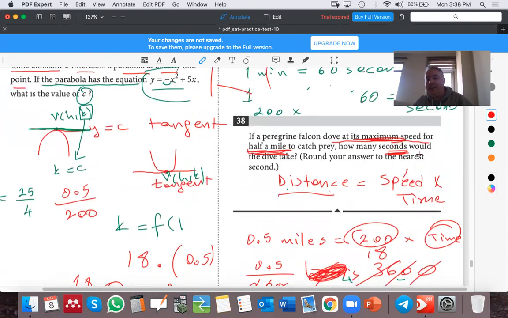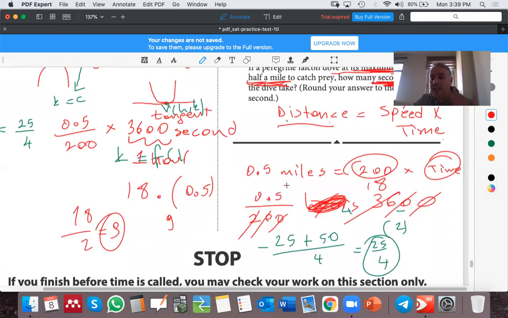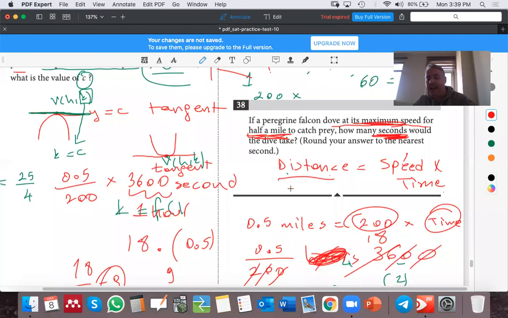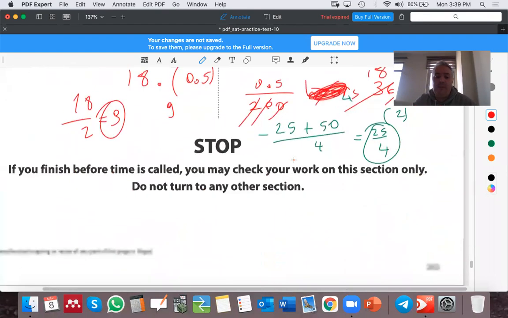But the question says find in terms of seconds. So times 3600. Why? This is exactly 1 hour in terms of seconds. And then this calculation, with the calculator or by cancellation, gives us 9 seconds. So in 9 seconds, it covers a half mile at maximum speed.